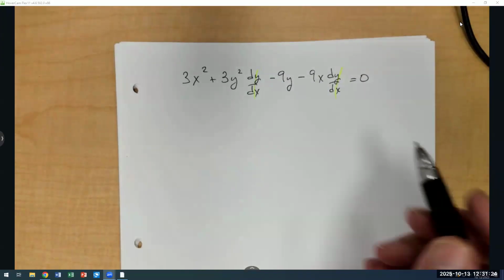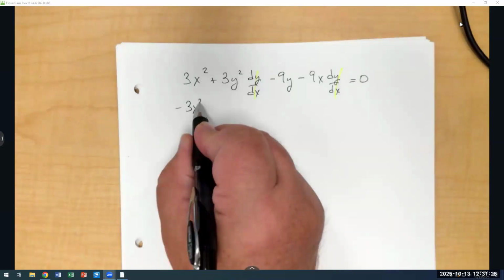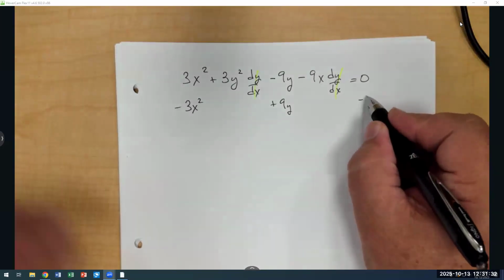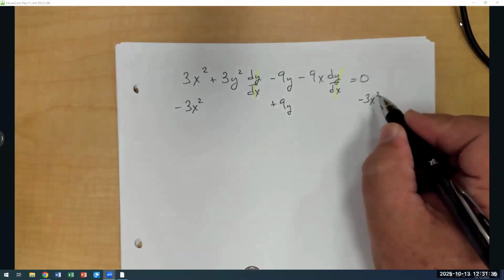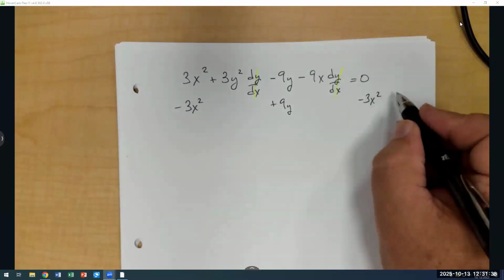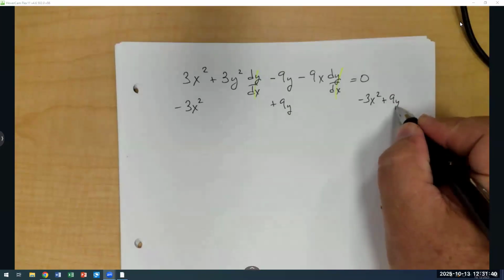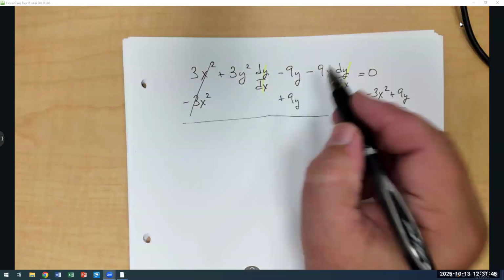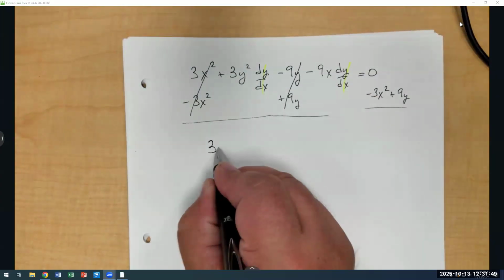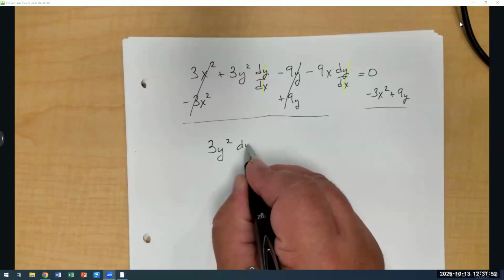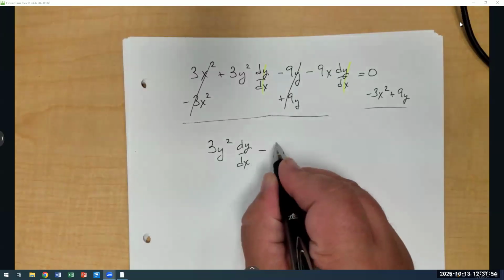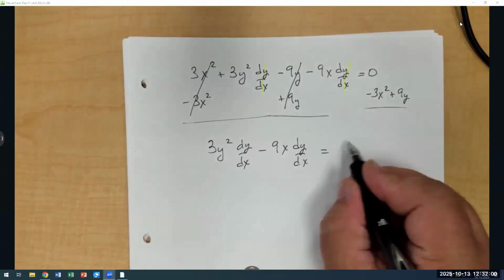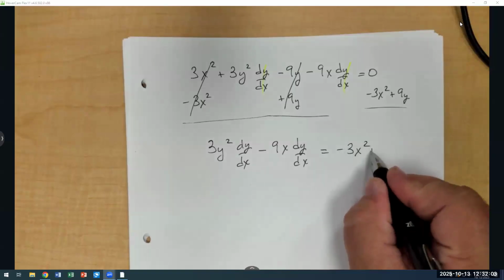So whatever's not dy/dx goes to the other side. So we subtract 3x squared, and we add 9y to both sides. 3y squared dy/dx minus 9x dy/dx equals negative 3x squared plus 9y.